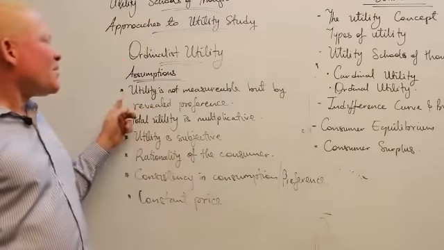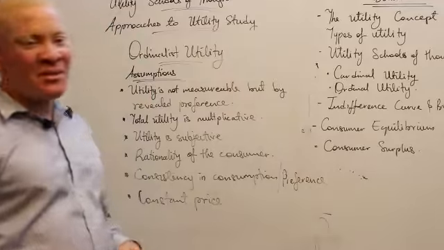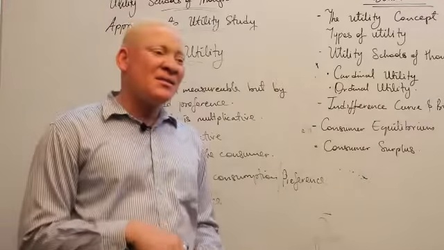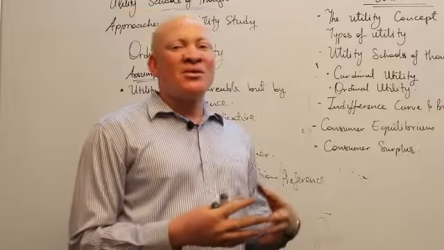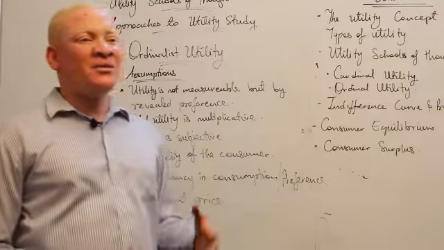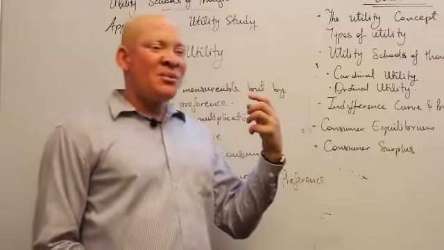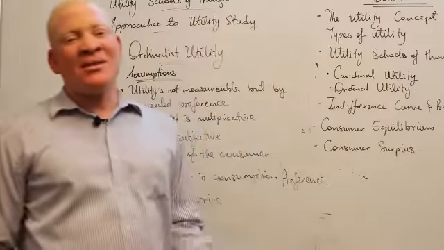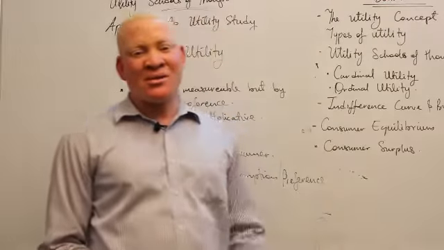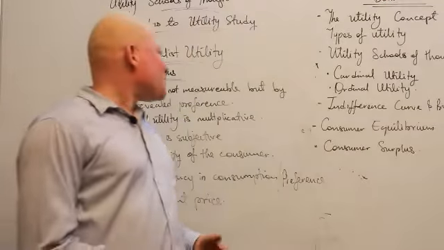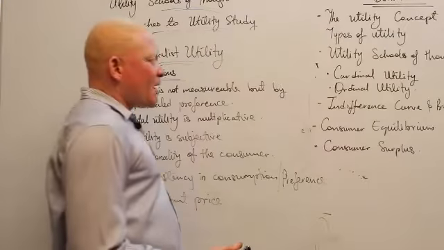So here we have said utility is not measurable but by revealed preference, meaning that it is only by how much a person consumes a product or is willing to get a product that you would be able to say that someone either prefers or derives high satisfaction from a product or another.